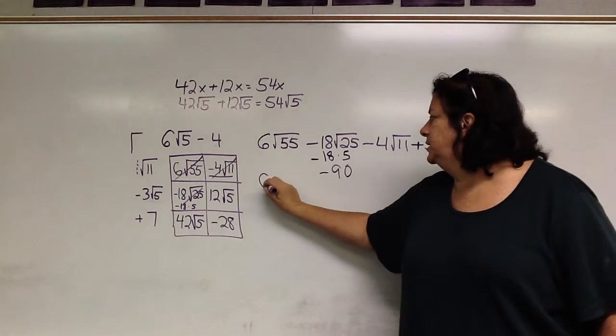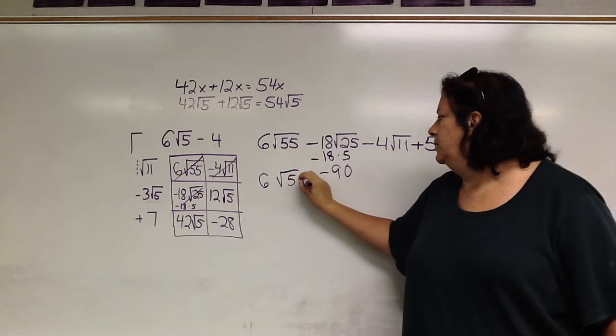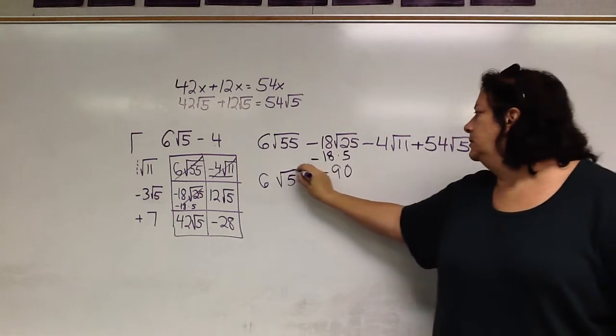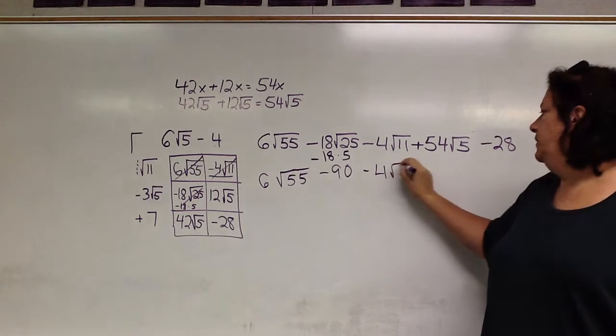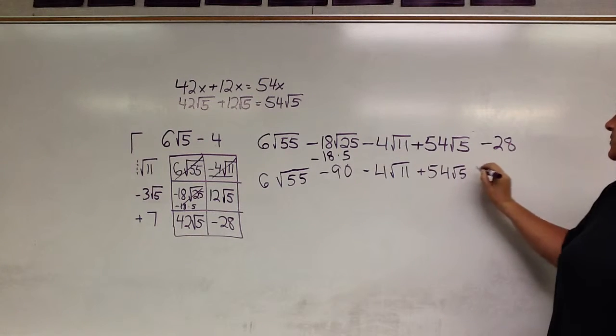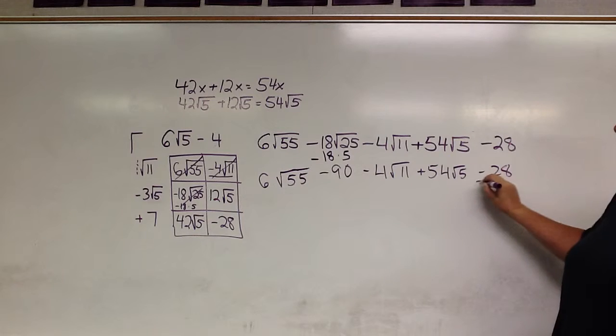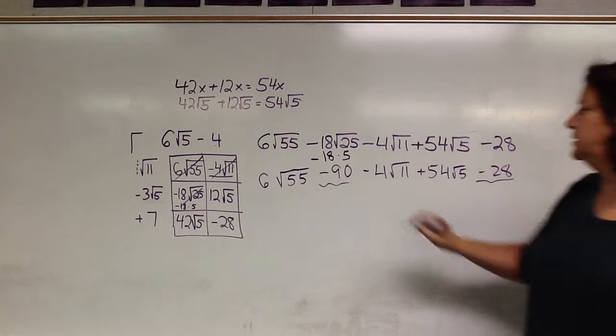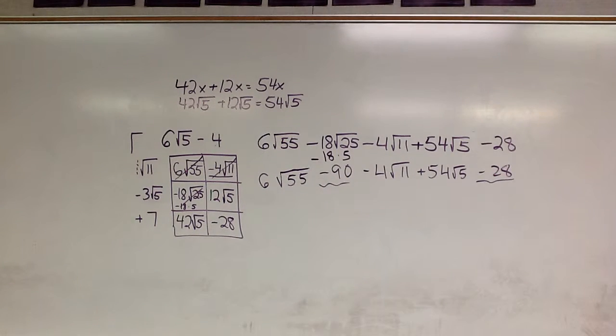So now I have 6 root 55 minus 90 minus 4 root 11 plus 54 root 5 minus 28. And you can see here I have two terms that are called constants. They don't have an irrational number attached or a variable.